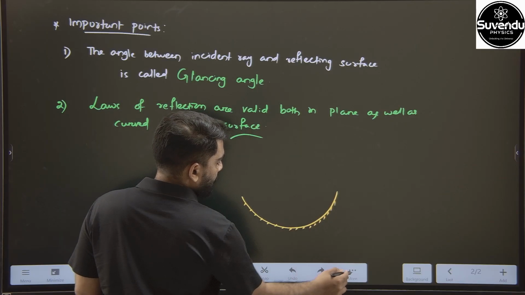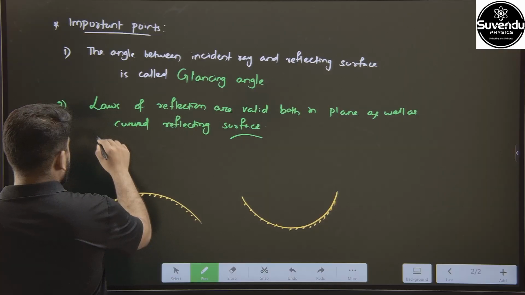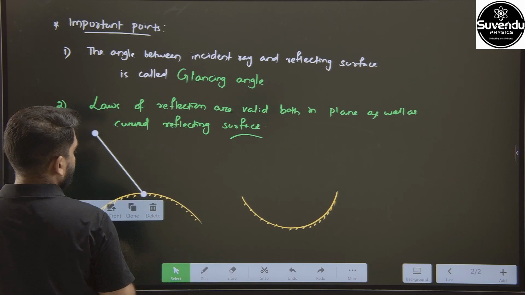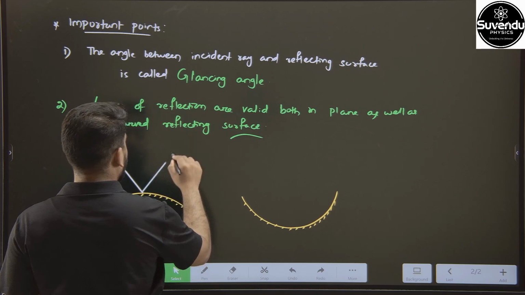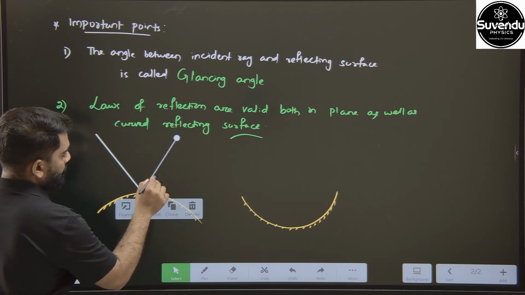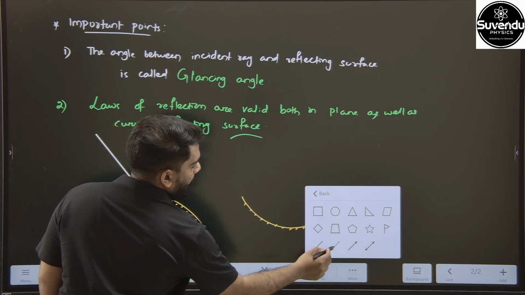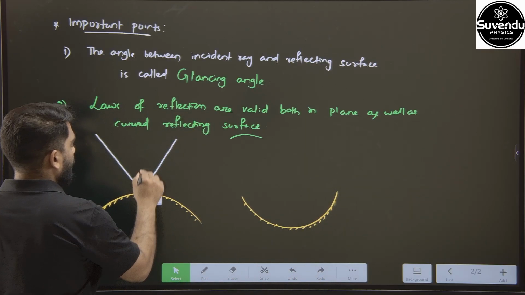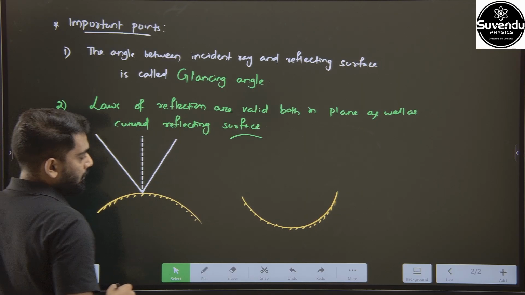So in this case, if this is your incident ray, this will be the reflected ray. And at the point of incidence, we can draw the normal. This dotted line represents the normal at the point of incidence.